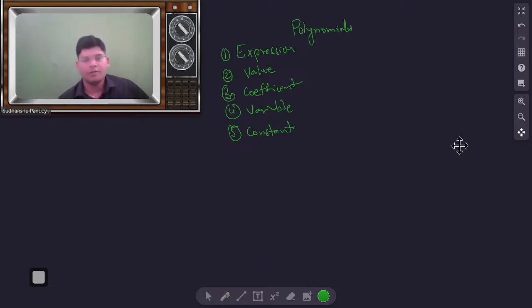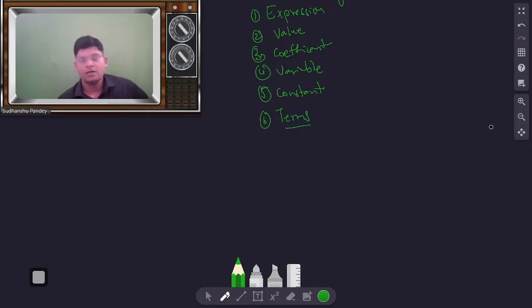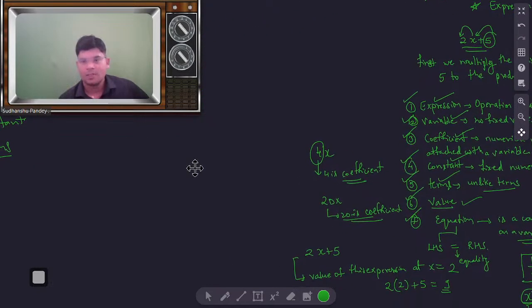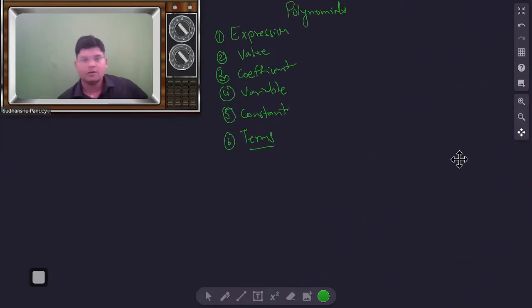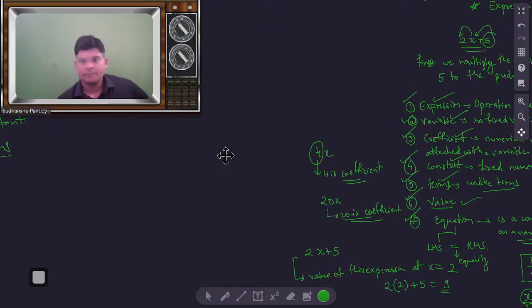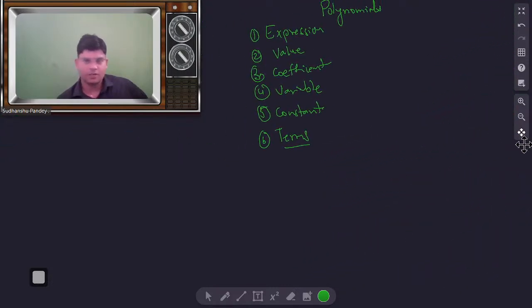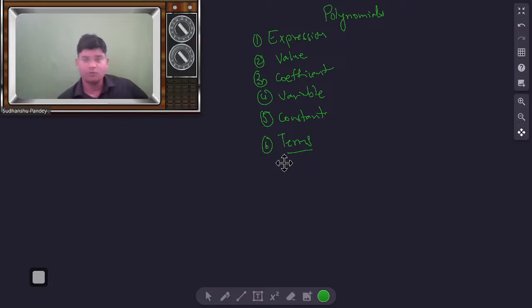Okay, if I am missing any part you can let me know. So only these 6 parts: coefficient, variable, expression, terms, value, equation. Equation we are not considering right now.